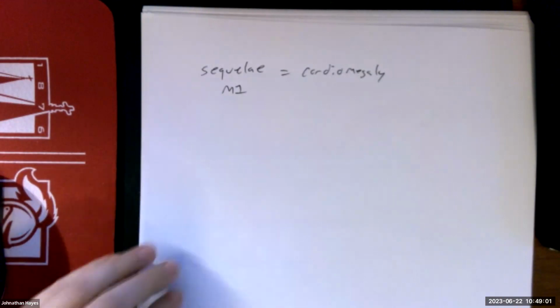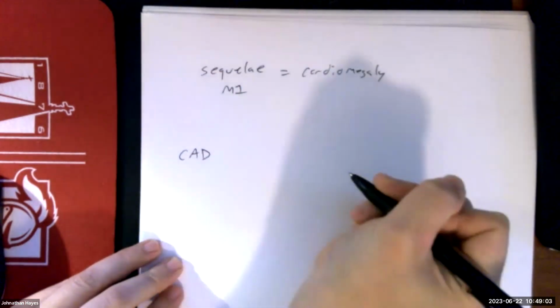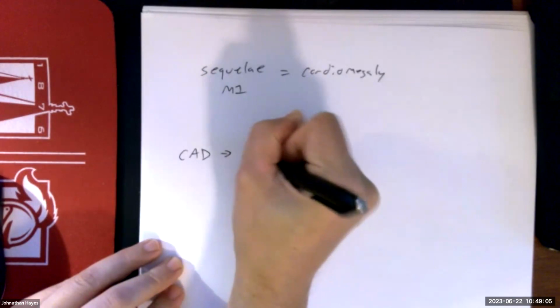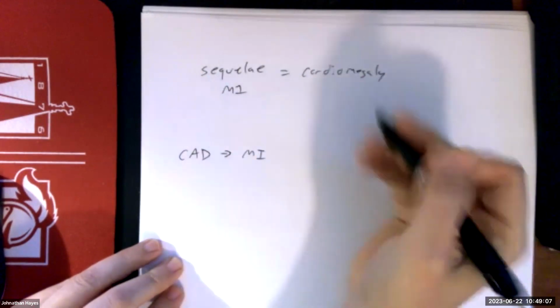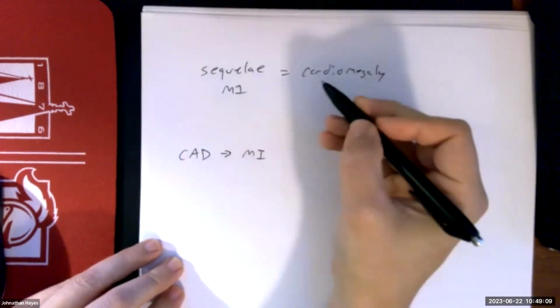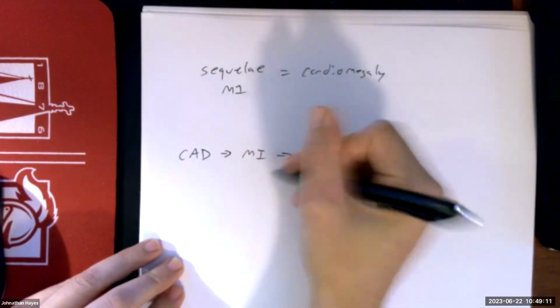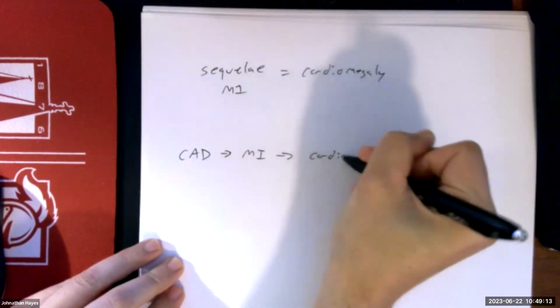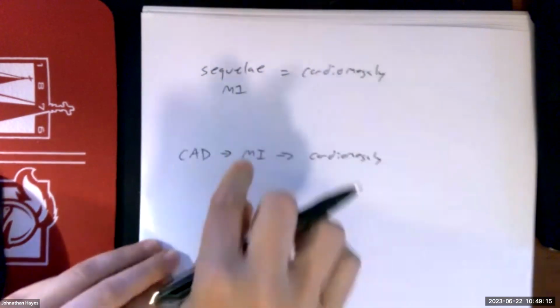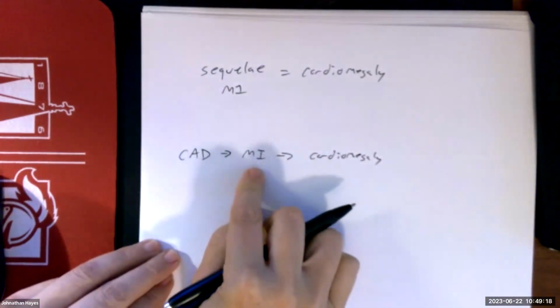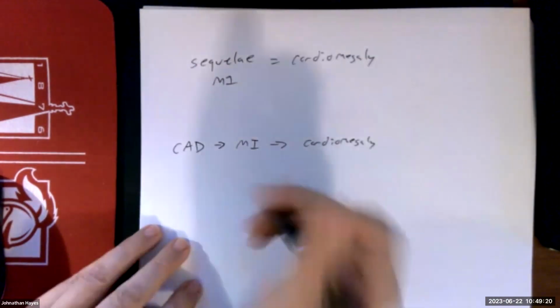But let's say I had pre-existing coronary artery disease and that led to a heart attack, right? Could I reasonably predict that over time that patient's also going to suffer from cardiomegaly? Absolutely. Because when you do have a myocardial infarction, this is how I describe it to students.